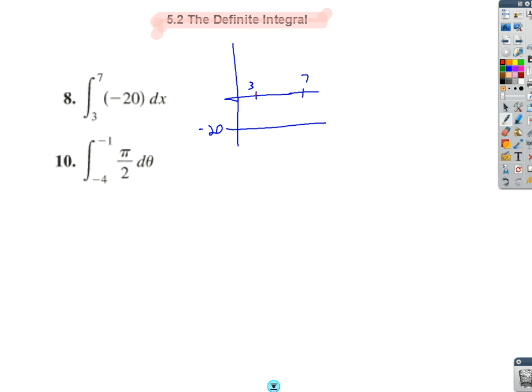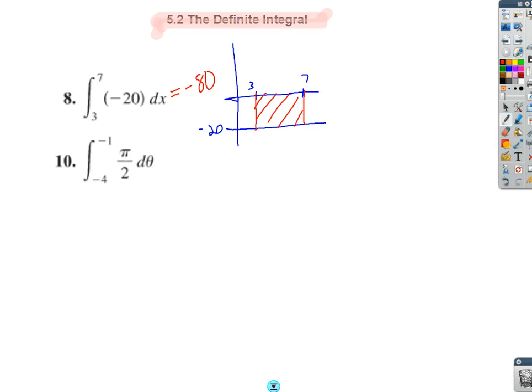What's the area? If you're talking about just pure area, my area here is 80. The fact that it says integral makes it able to be negative, so my integral is -80. Area is always positive, but the fact that it's an integral makes it able to be negative.